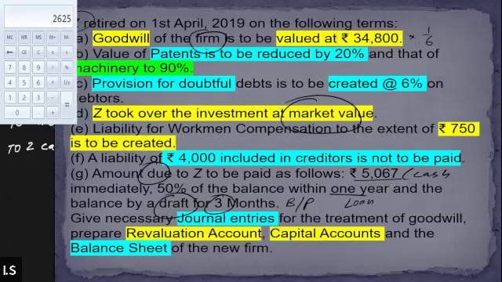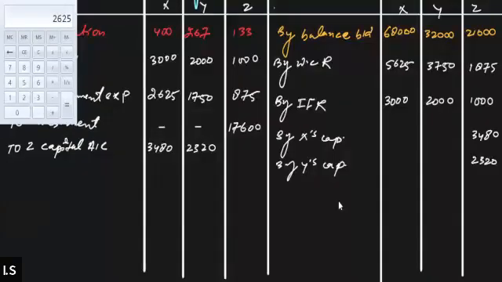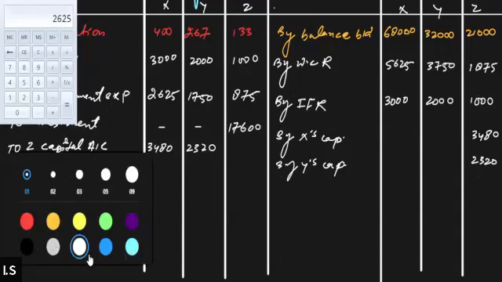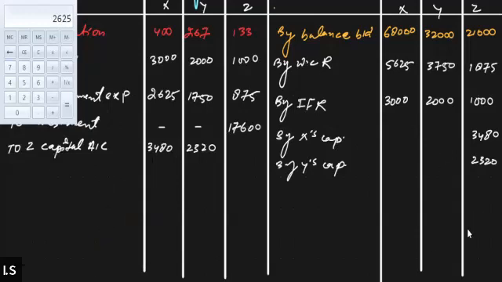Let me explain this. How do we determine Z's amount? Whatever the amount which is due towards Z, how do we calculate that? For the calculation of the amount due towards Z, we will first of all total the credit side value, yes or no?